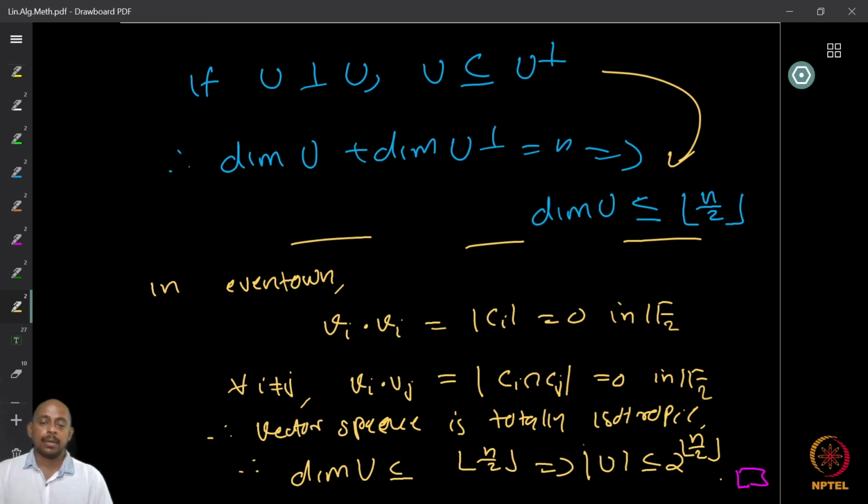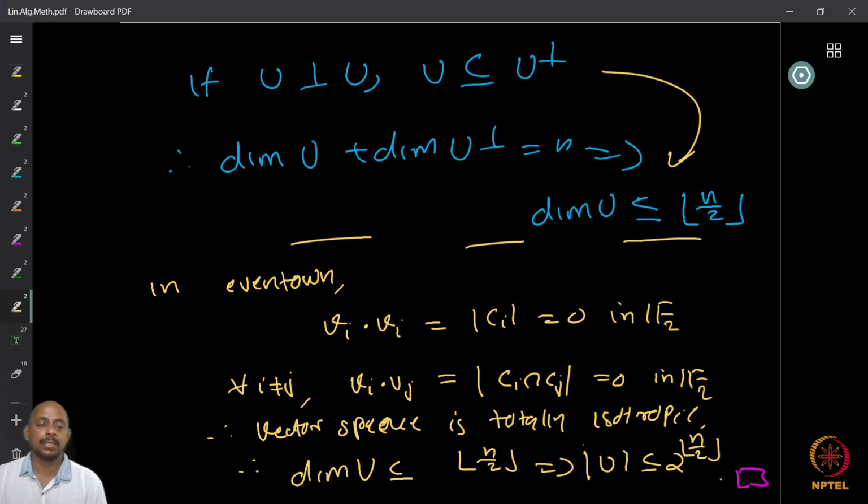Because every entry in this vector, in n positions, we can have either 0 or 1, and since the dimension is at most n by 2, you cannot have more than 2 raised to n by 2. So that's a proof that you have at most 2 raised to floor of n by 2 clubs.